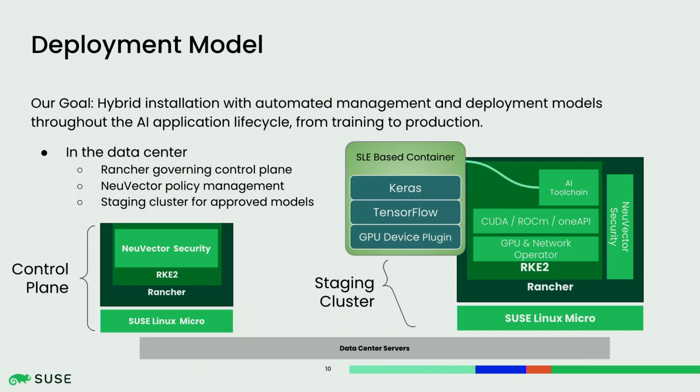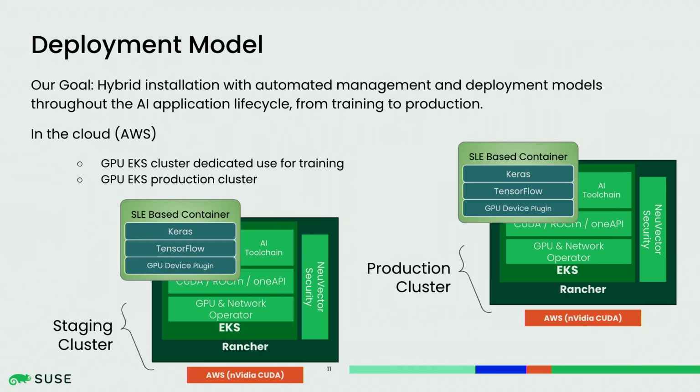And notice the stack does change. And this doesn't matter to the AI application, and it doesn't matter to the way you manage it or interact with it, and it doesn't matter to the way the deployment engine works. When I'm deploying on-prem, it's deploying to SLE Micro with Rancher and in the Rancher environment. When I went to Amazon, I selected the environment where I'm not using RKE2 anymore.